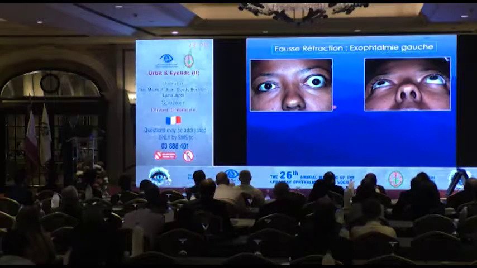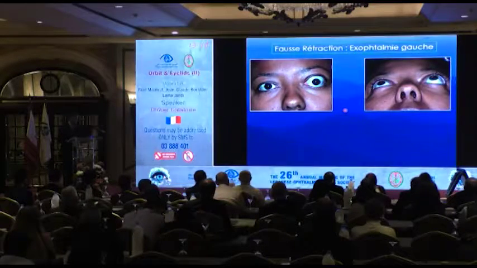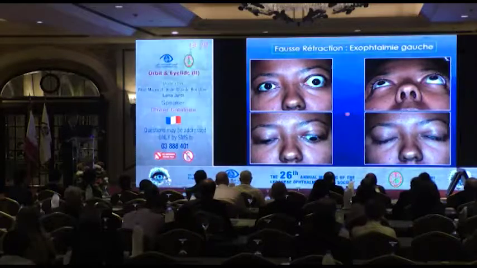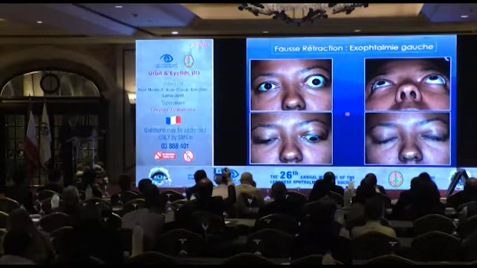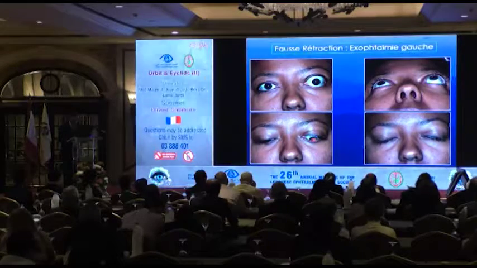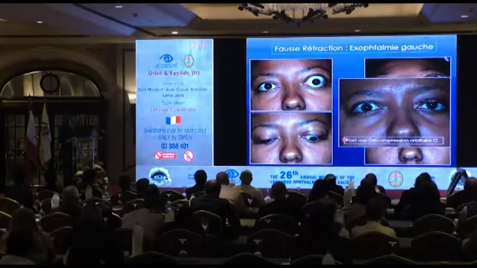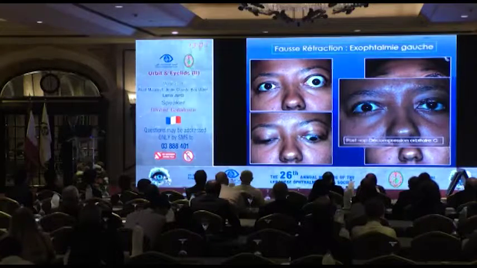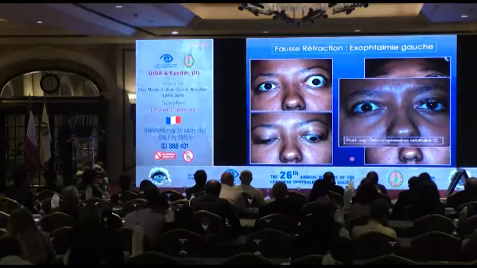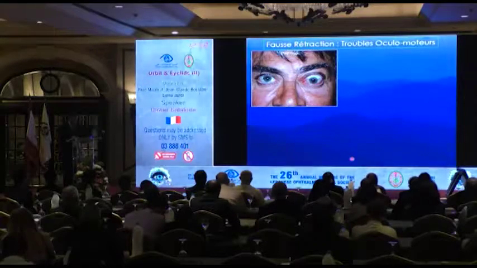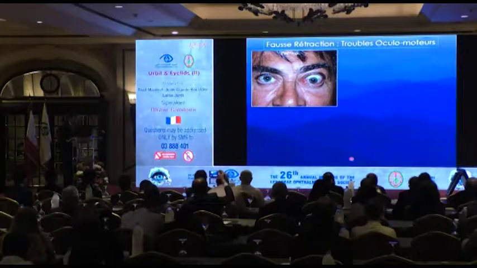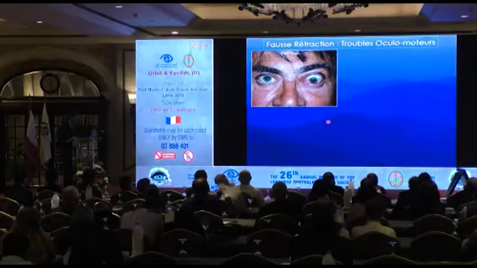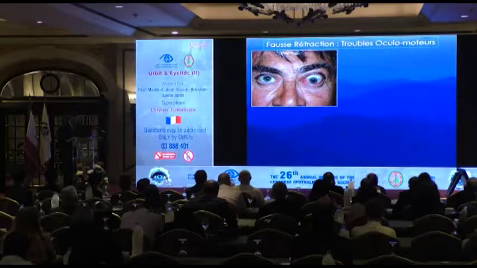Another example, this patient has an asymmetric proptosis with an important exophthalmos on the left eye, but she appears to have a big eyelid retraction. After, when she looked down, just a little part of retraction, and after only decompression surgery on the left eye, as you can see, the retraction disappeared totally. As another example, this patient, with limitation of elevation on the left eye, seems to have a retraction.